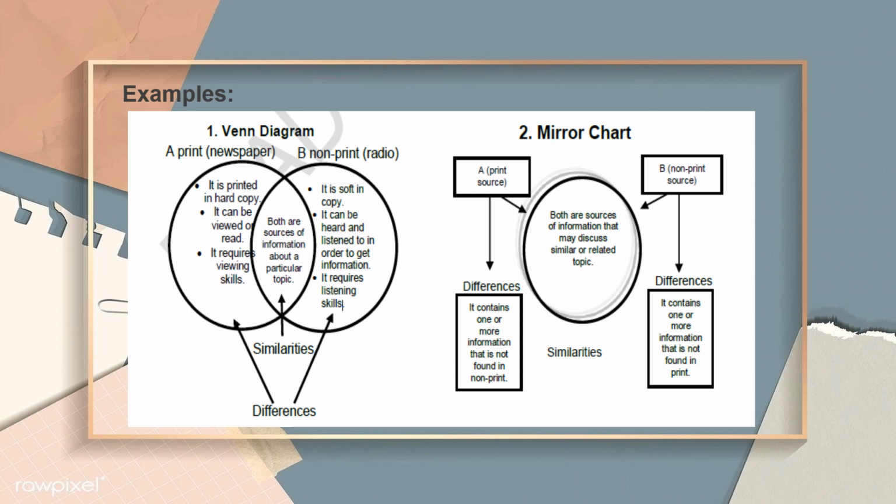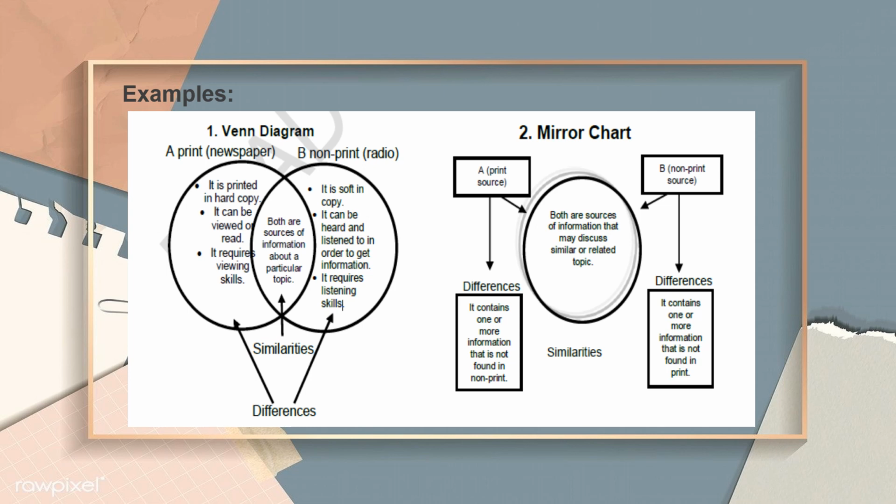And now let's proceed to number 2, the mirror chart. So as we can see, we have also the differences and similarities. We have here the print source and non-print source. The difference, it contains one or more information that is not found in non-print. For the non-print, it contains one or more information that is not found in print.